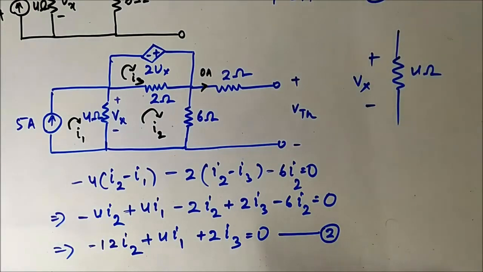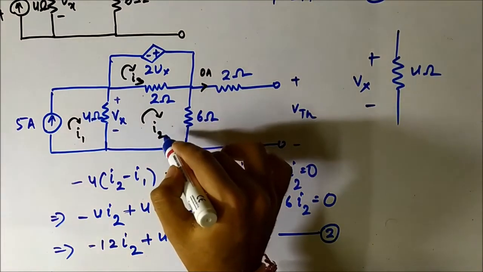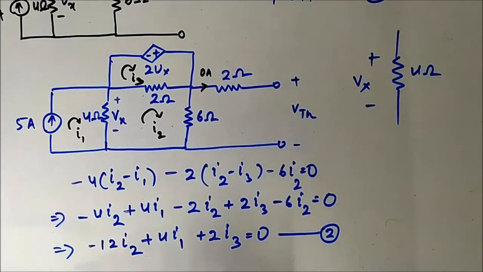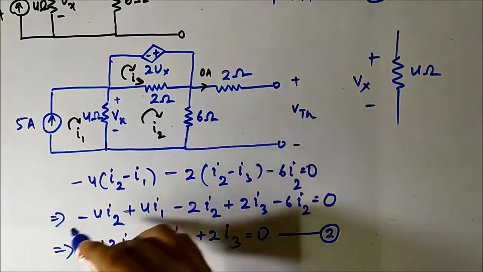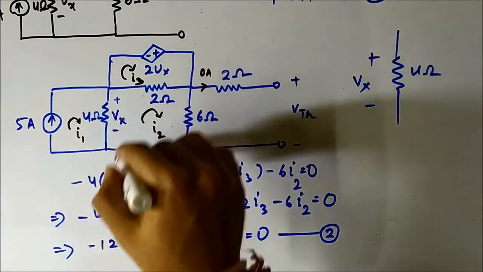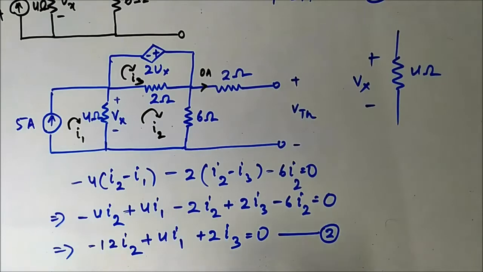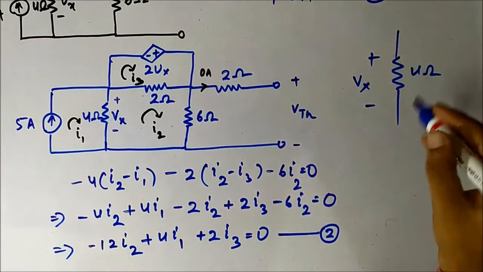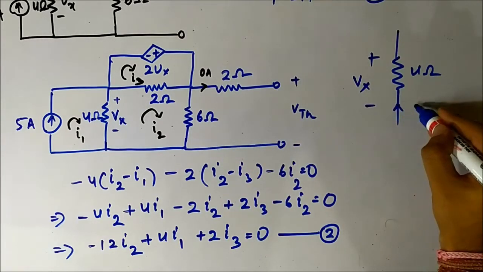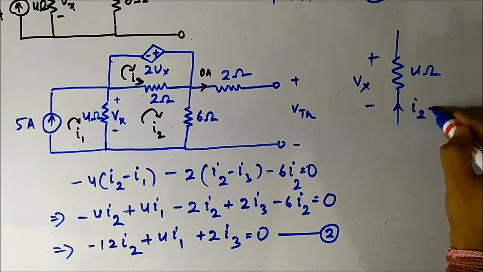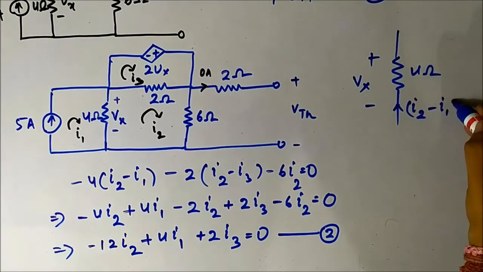Now the important thing here is which one you want to consider as the reference. If you consider I2 as the reference, then the net current flowing through the 4 ohm resistor is I2 minus I1 upward.